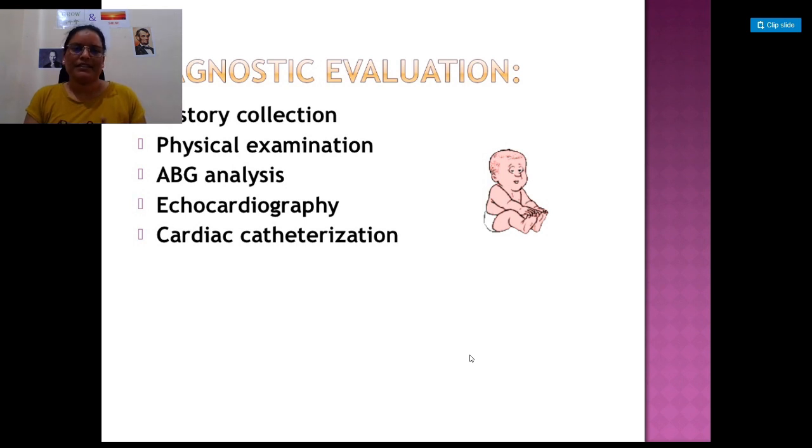The imbalance between oxygen, carbon dioxide and pH value we know with the help of ABG analysis. Then echocardiography and cardiac catheterization.